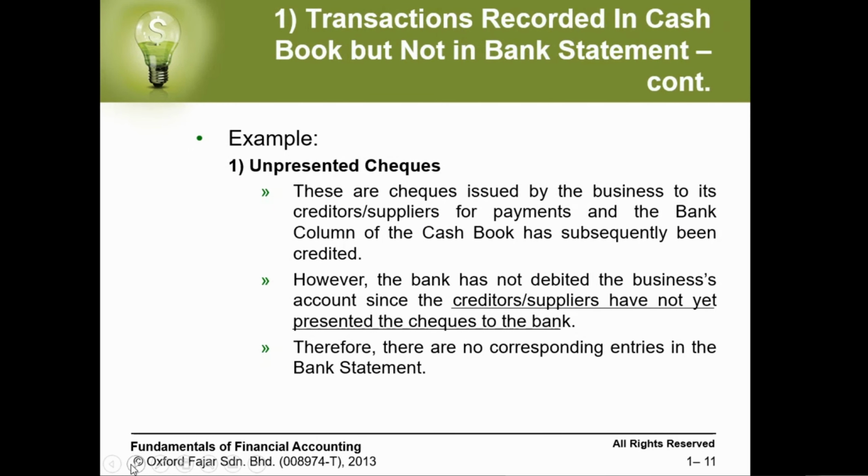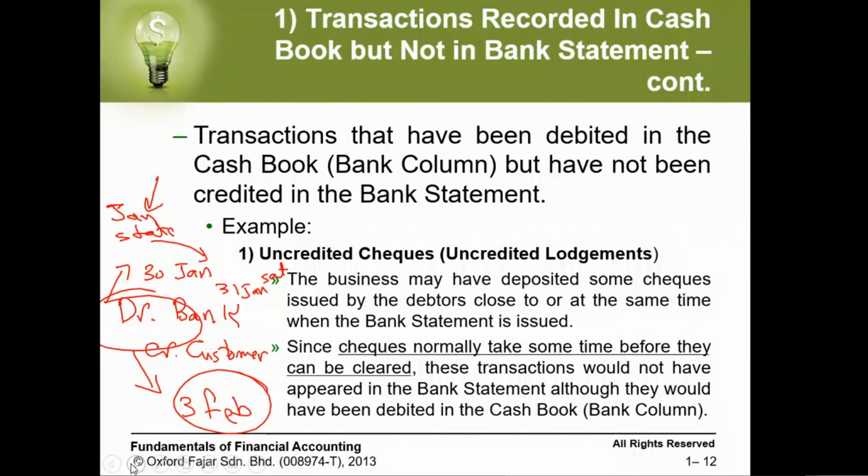As an example, an unpresented check: you give a check to your supplier, you already recorded that this money should be gone out from your bank account, but your supplier didn't go and request the money. So the bank doesn't know that the money is not yet taken out from the bank. So this is one of the examples.